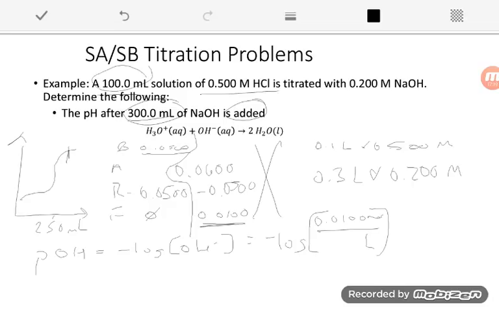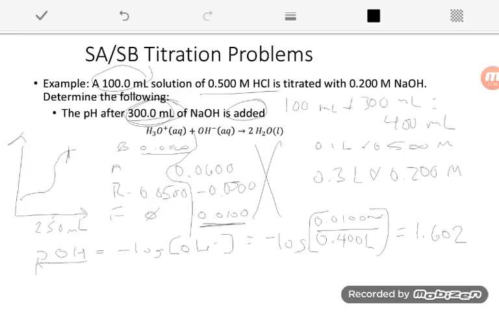So we go back. I started with 100 milliliters. I added 300 milliliters. So I have 400 milliliters total, which means I'm going to plug in 0.4 liters down here. Just turn that into liters. And if I plug that guy into my calculator, I get a pOH of 1.602.